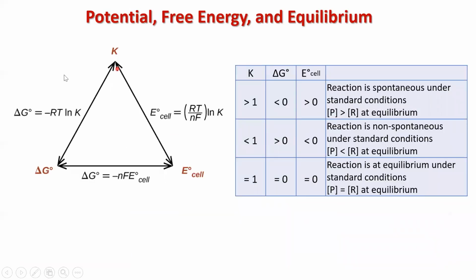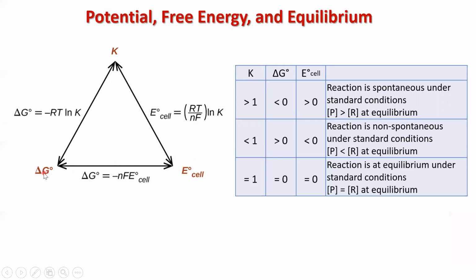So this relates everything here. We've got delta G, that's our free energy, and we've got K, that's our equilibrium constant. And we already looked at this equation here. Delta G equals negative RT ln of K. Now we're just going to add in this new variable, our potential difference.